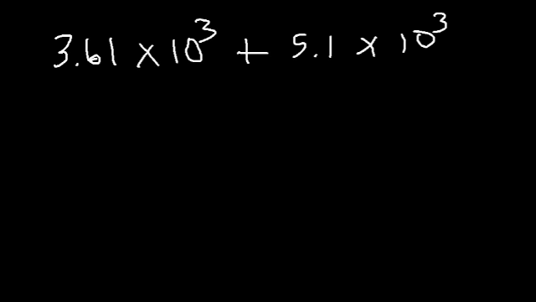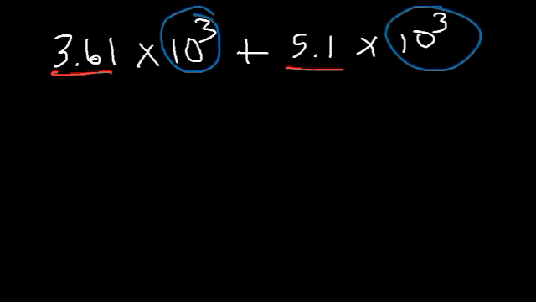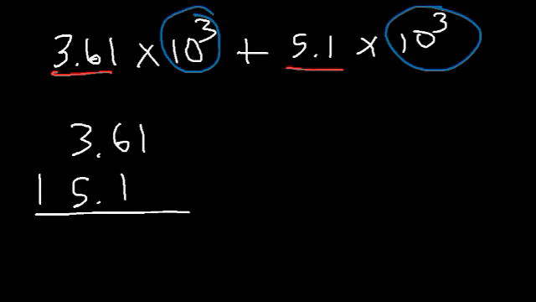Whenever you add numbers in scientific notation, the multiplier has to be the same. Since it is, we could just add 3.61 plus 5.1. But let's line it up. We still have to follow the rules of addition. So when we add it, we get 8.71.